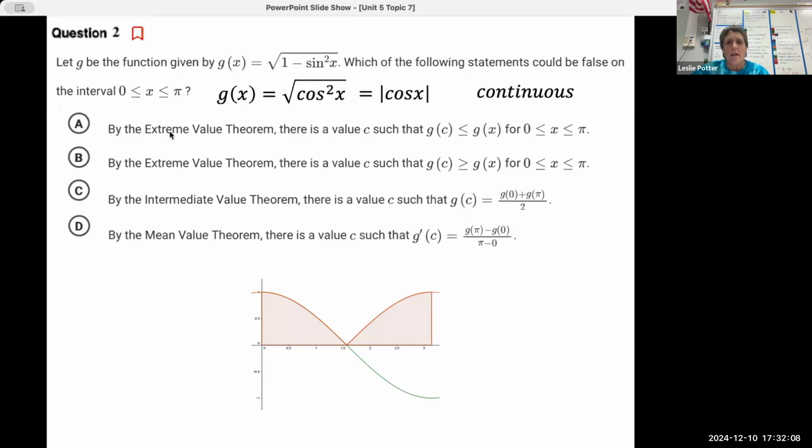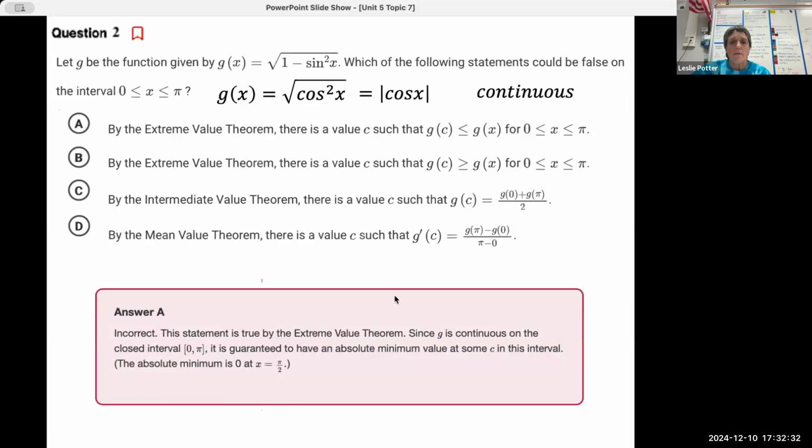So statement A is, by the extreme value theorem, there is a value C such that G of C is less than or equal to G of X for every function value in the domain. So this would be an absolute minimum.